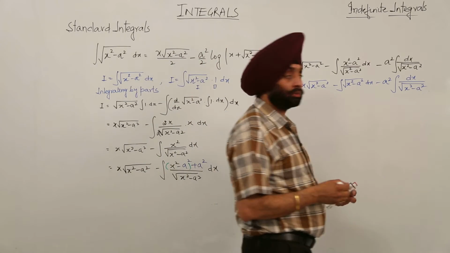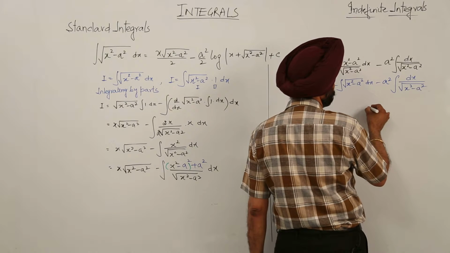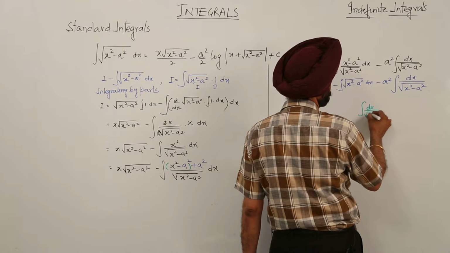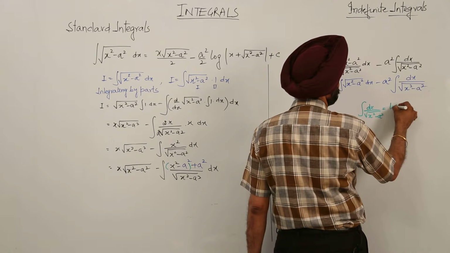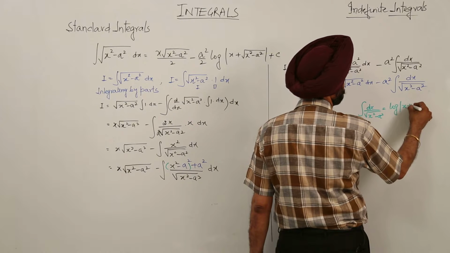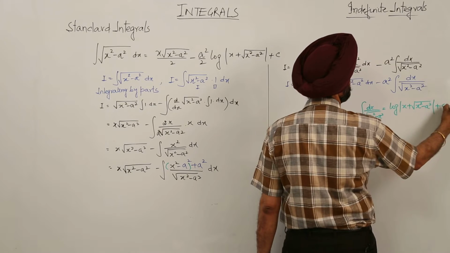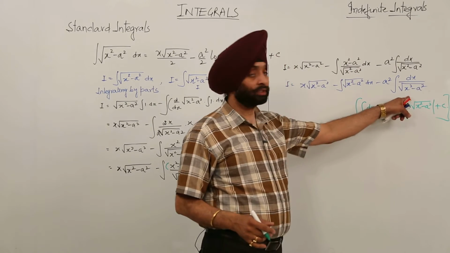Now we have gone through the standard integrals of the second type, that was integration of dx upon square root of x square minus a square. This was equal to log mod of x plus square root of x square minus a square plus c. Now we are going to use this formula for this part.